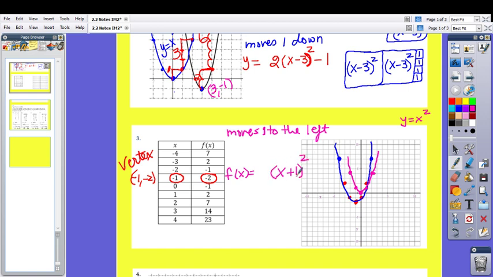So inside the parentheses you say plus 1 because you are moving 1 unit, and because you are going to the left, so plus. And then you were here but you are going 2 down, okay, to get to this vertex. When you go 2 down, you will say take away 2, okay.